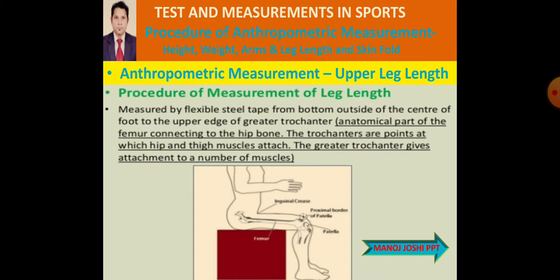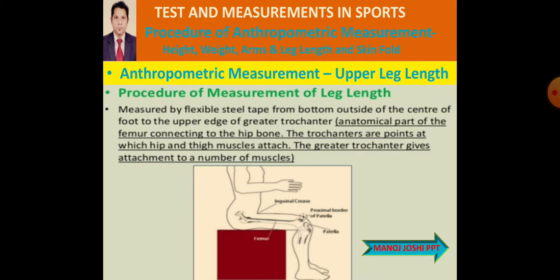In this diagram we can see from where we are measuring, from the anatomical part of the femur connecting to the hip bone, to where the thigh muscles are attached.